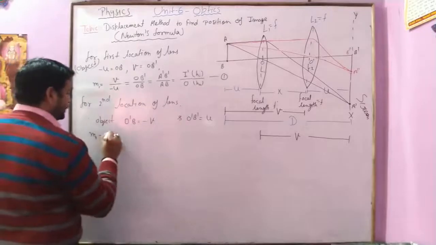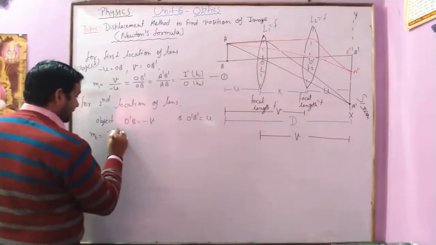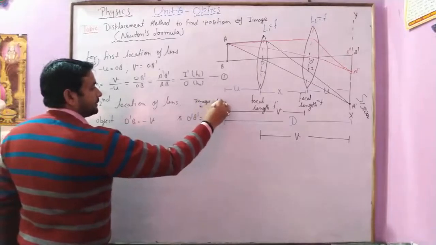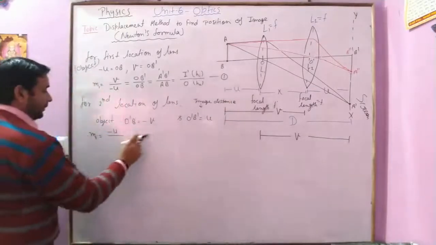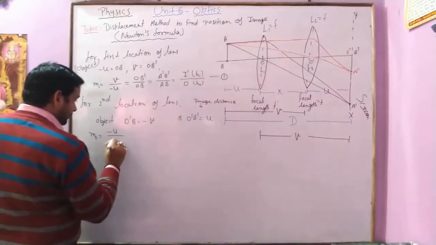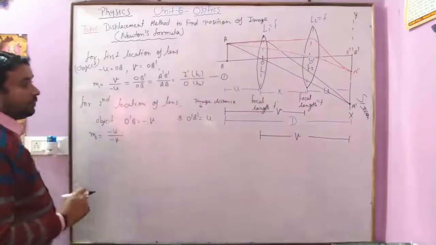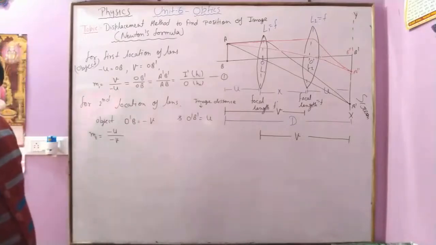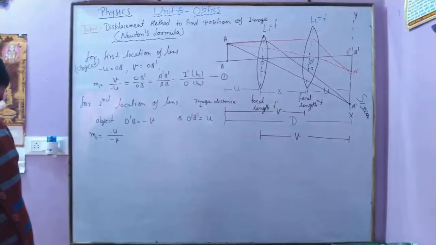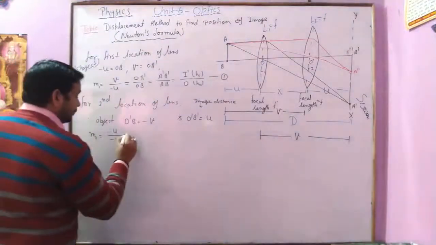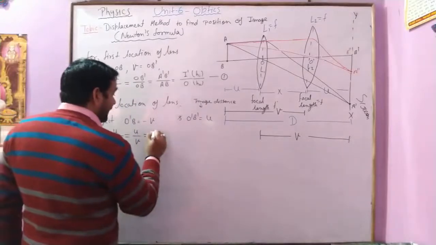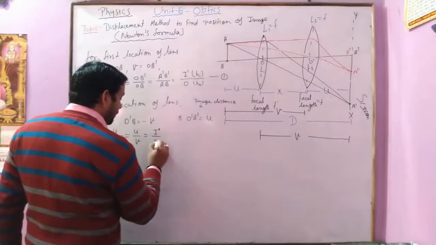The magnification of the second location is minus u, the image distance, upon minus v, because it is the object distance. So we get u upon v, which is equal to the height of image I double dash to the height of object.